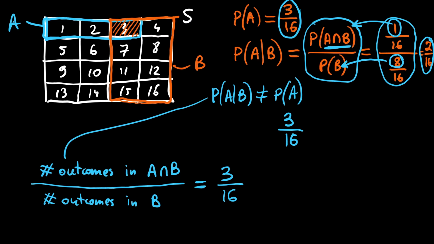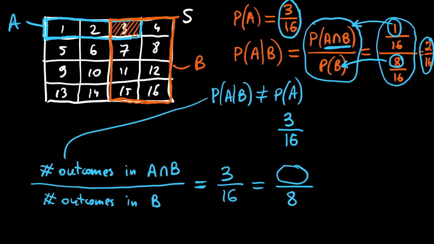Imagine that we keep B as a set of size 8 outcomes. Then we would have 8 in the denominator, and we would need a non-integer number in the numerator to get this equality with 3/16.